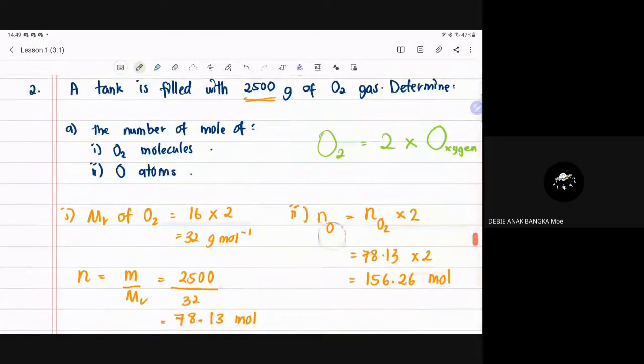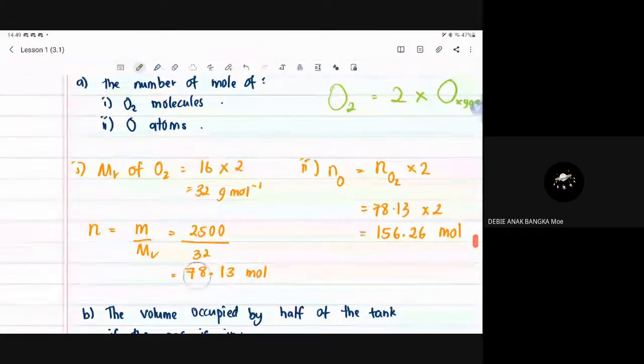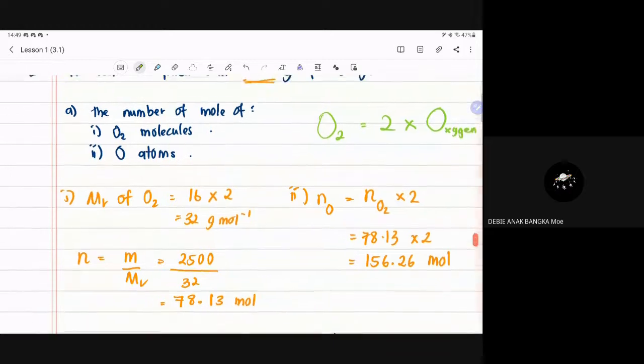Okay. So here, number of mole of oxygen atom is equals to number of mole of oxygen molecule, which is the one that we have calculated in 1. You have to multiply by 2 because 2 atoms per molecule.